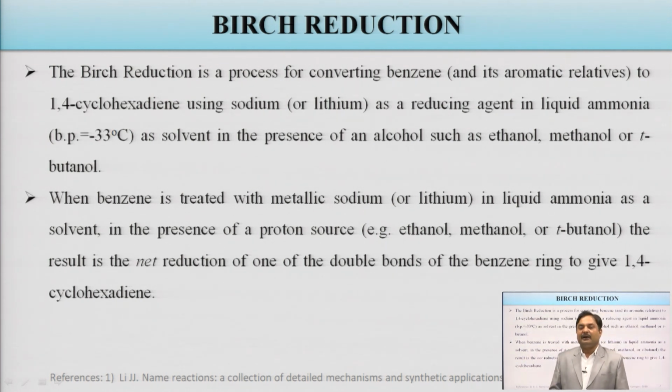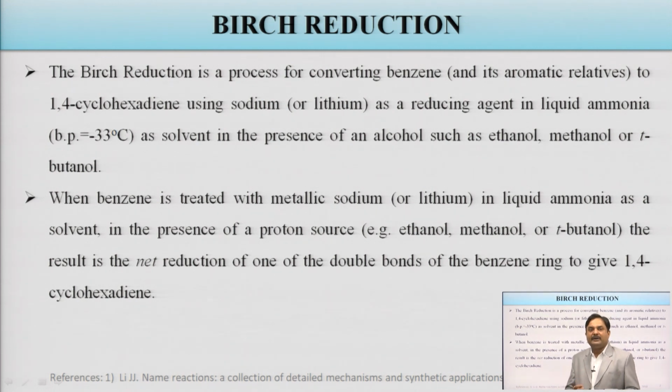So, when we say that it is a process for converting benzene into 1,4-cyclohexadiene, you can understand that only one of the 3 double bonds of benzene will be reduced by using sodium or any other alkali metal in the presence of alcohol. What is actually happening? We are using alkali metals like sodium, lithium or potassium.